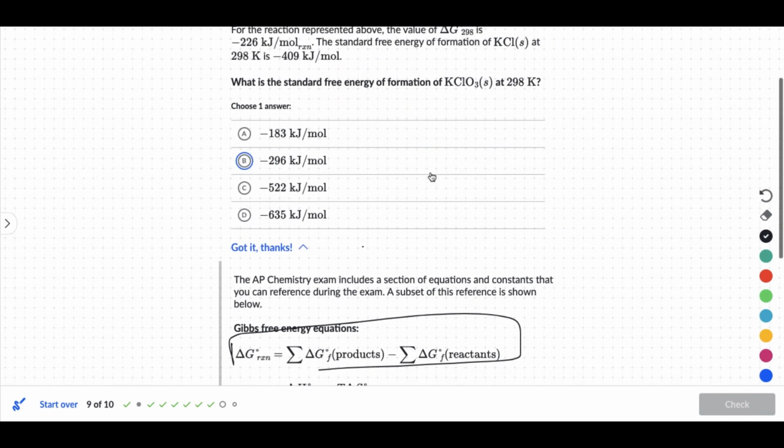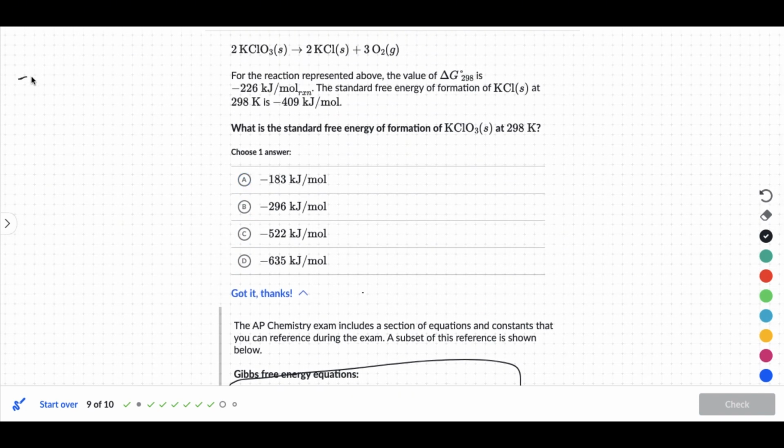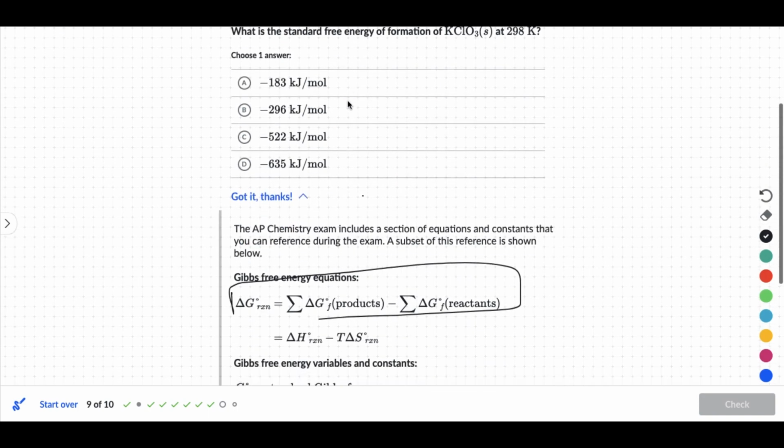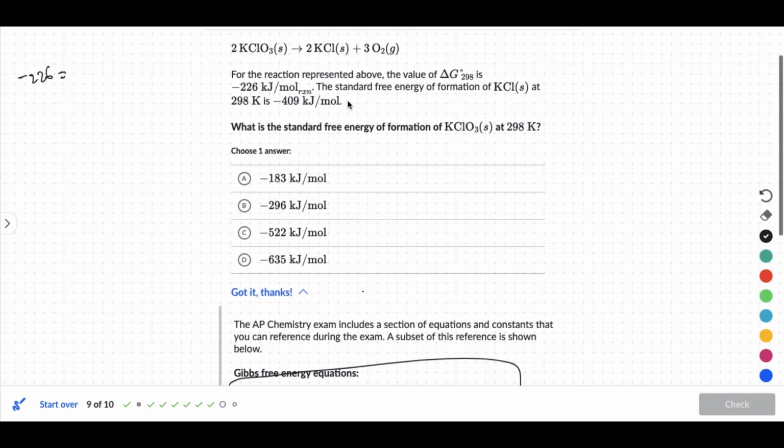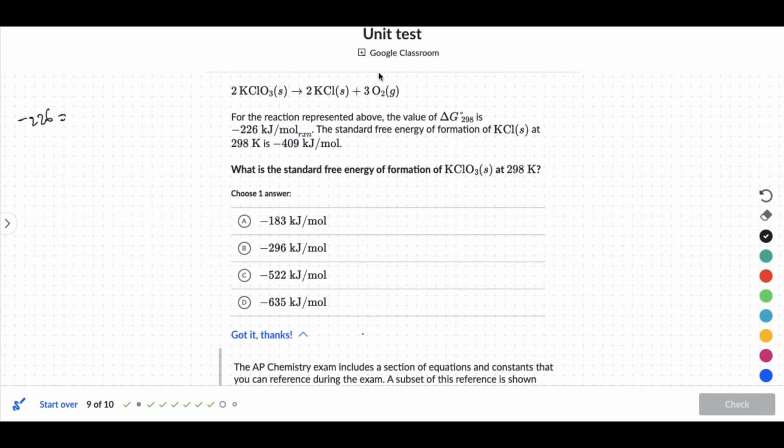So we have minus 226 equal to the products. Delta G of formation for oxygen would be 0, right? Because there is just only one kind of atom in there.